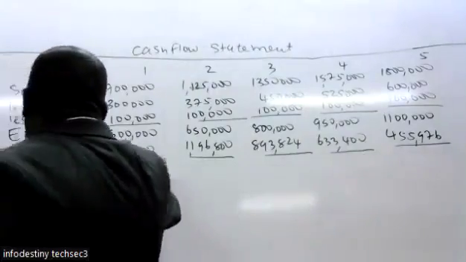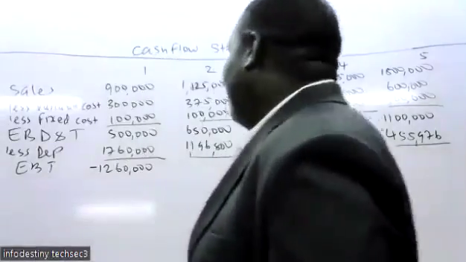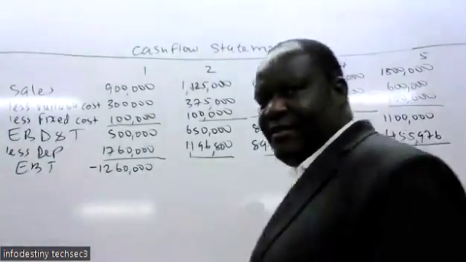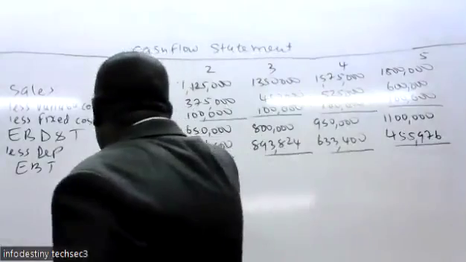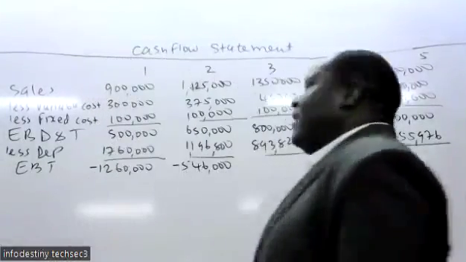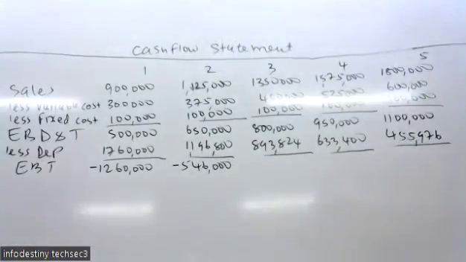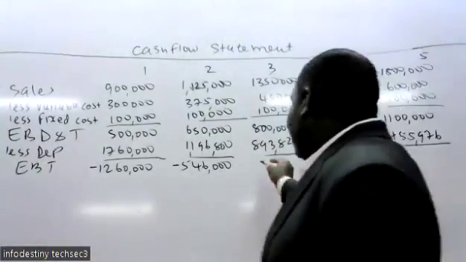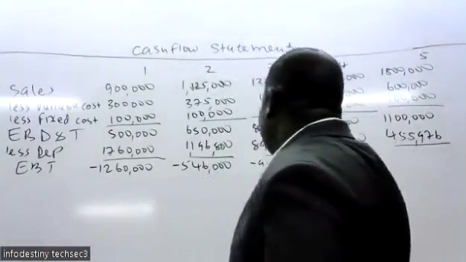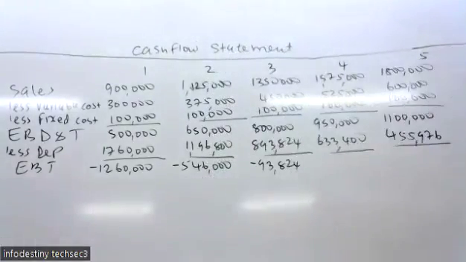Negative 1260. How about year two? Negative 546. Year three? Negative 93,824.